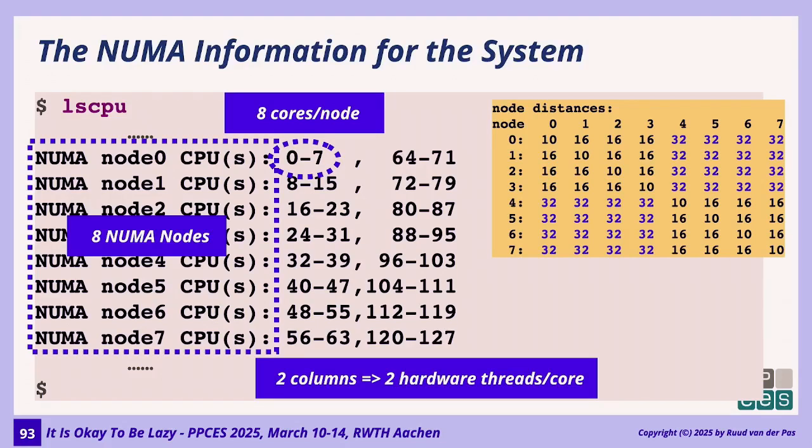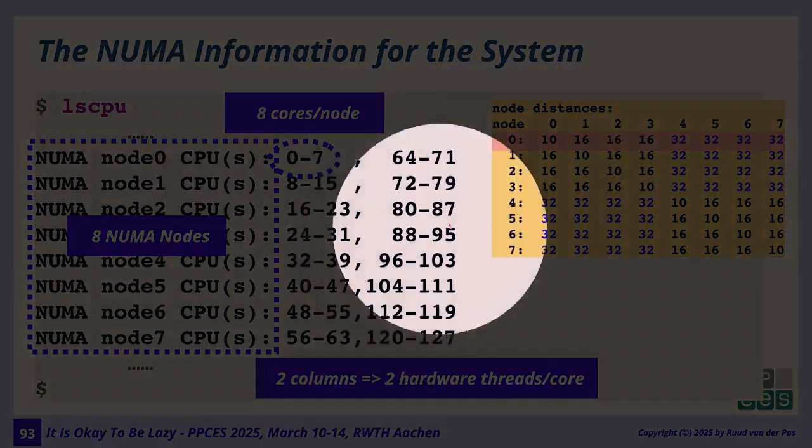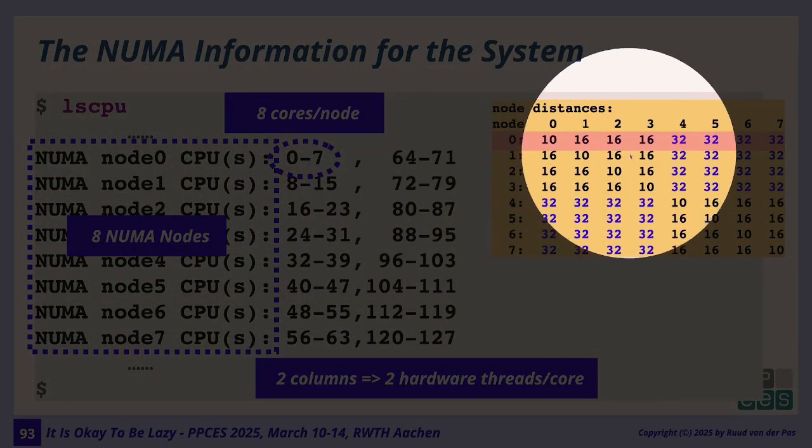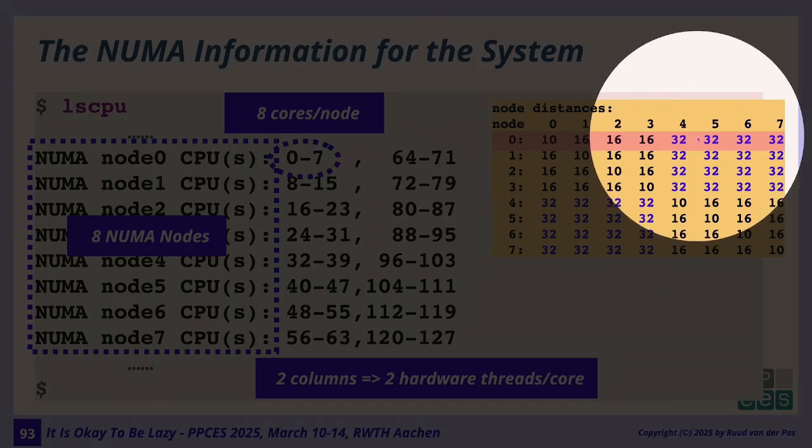Okay. So that's our reference, and again, it's a very symmetric matrix. They show all of it. But what we see, seen from node 0, is that 10 is my own latency. Then I have 3 nodes with 16. That's shown here. And I see 4 with 32.